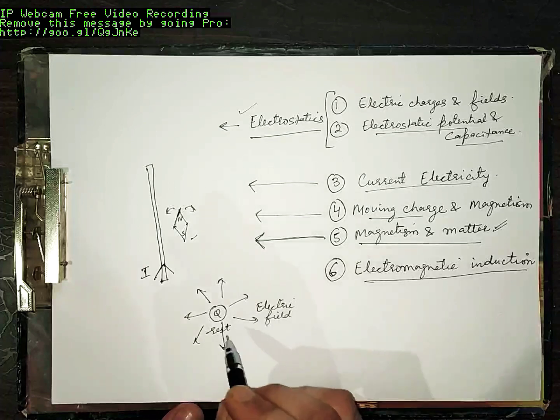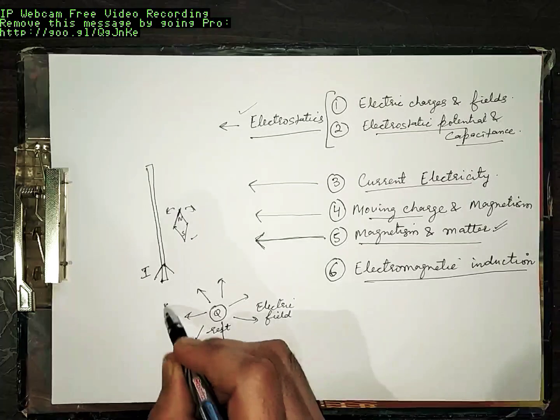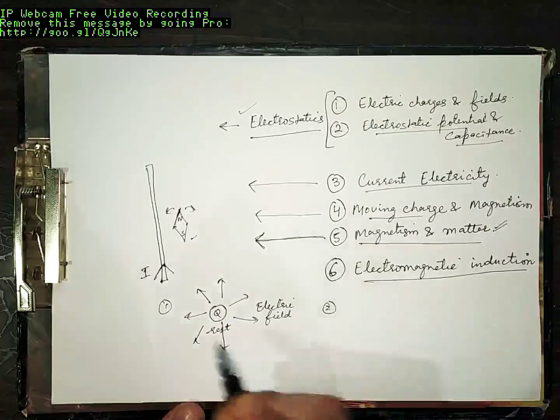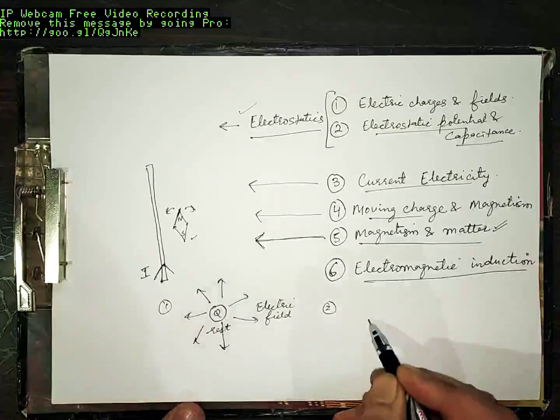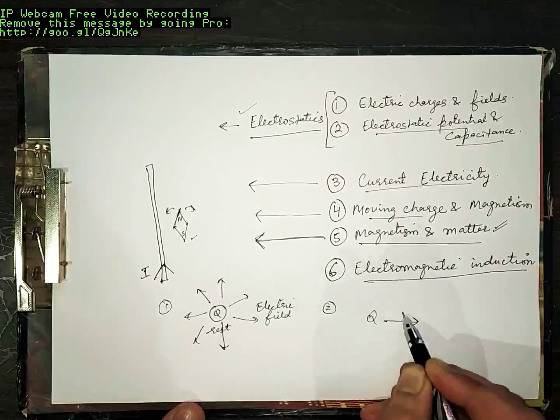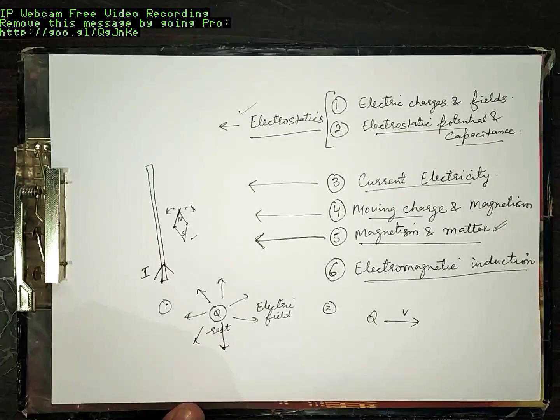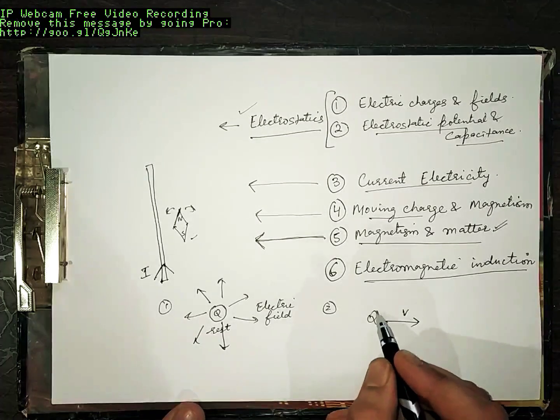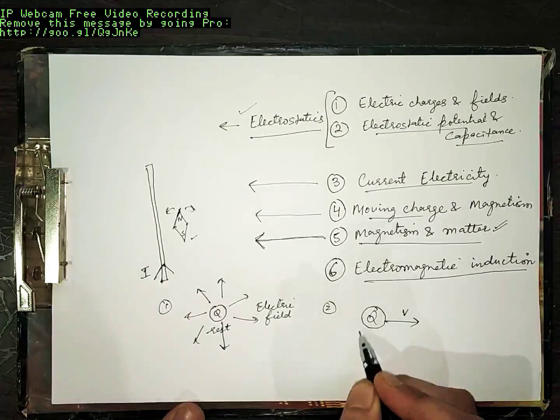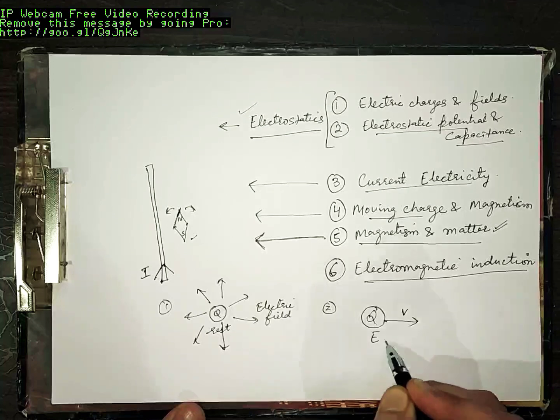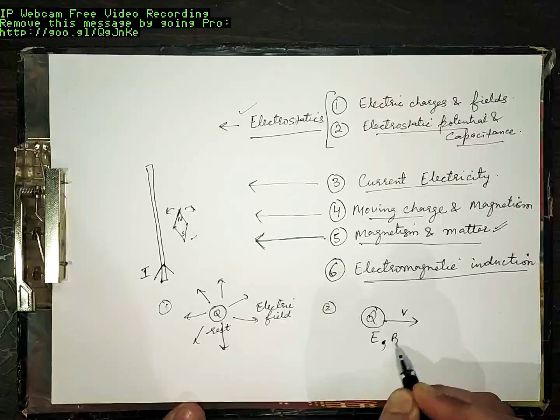Next thing that we studied is whenever this charge is in motion, say with velocity v, in addition to producing an electric field E, it also produces a magnetic field B.